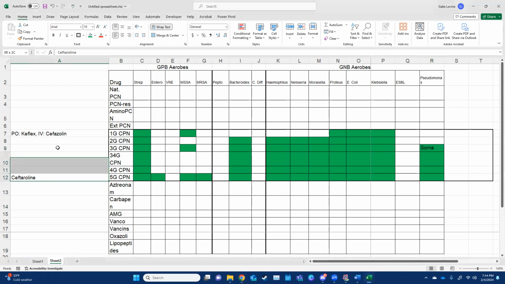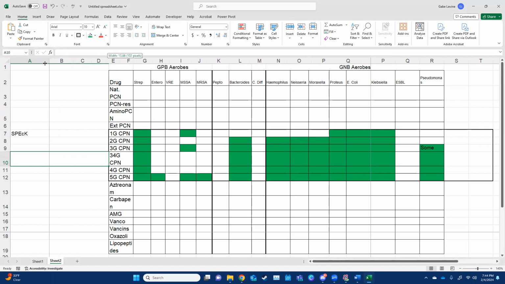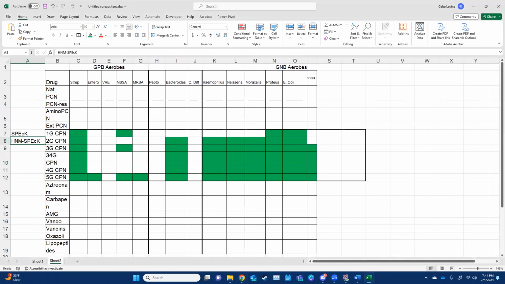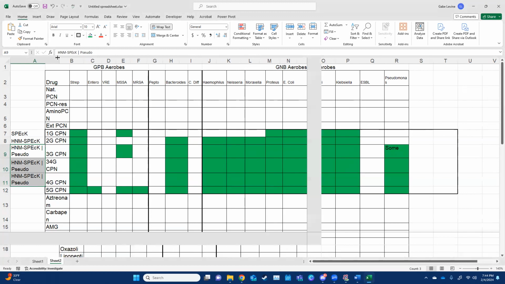So in terms of the way that we can label our drugs, what I say for this is that first gen is just spec, right? Second gen, H&M spec. Three through four, we gain Pseudomonas.